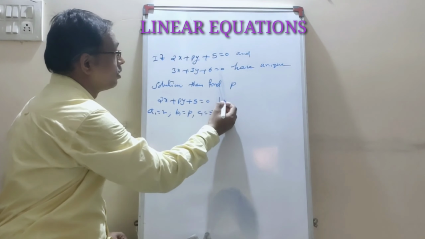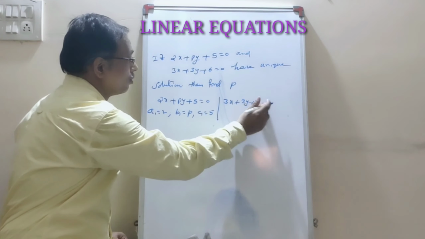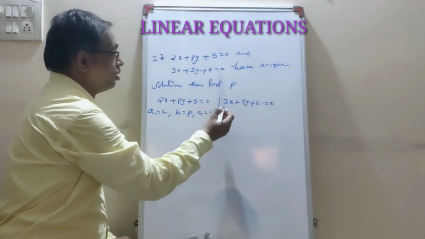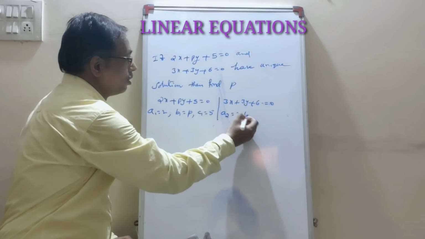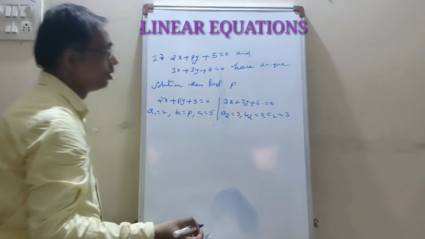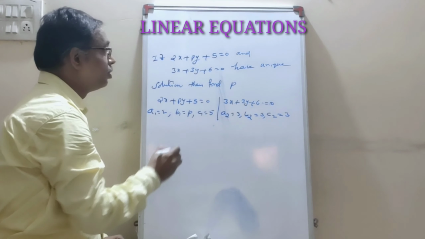And next, px plus 3y plus 6 equal to 0. Here a2 equal to p, b2 equal to 3, c2 equal to 6. So these two lines have what? A unique solution.